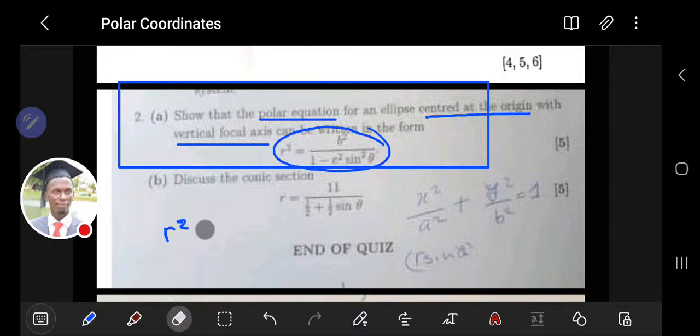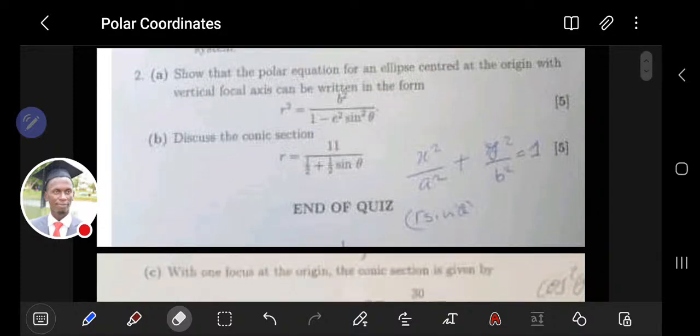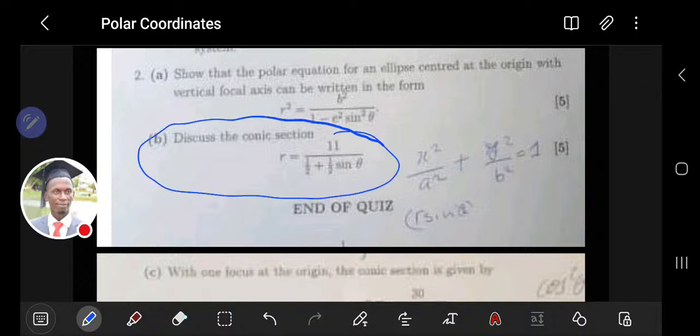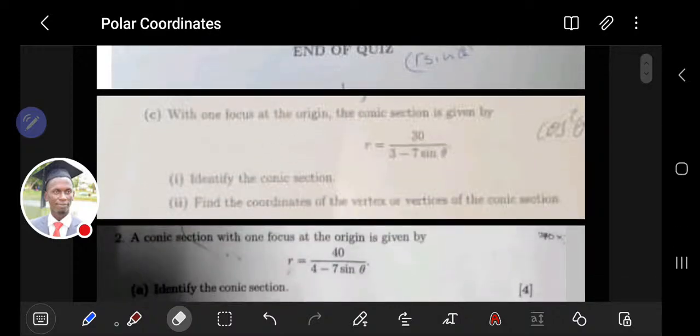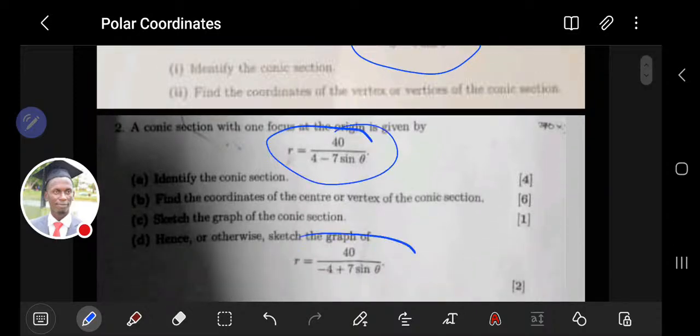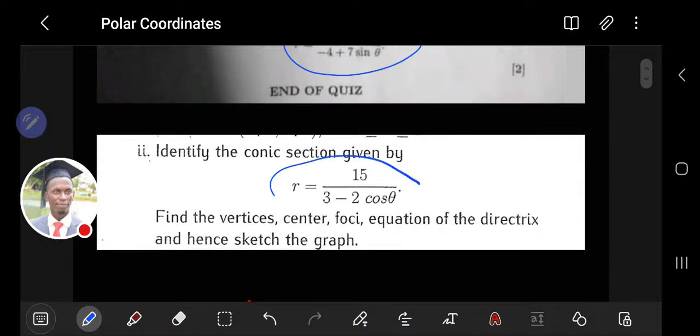So in tonight's video, what we want to look at are equations of conic sections. We're going to see how you answer questions like this one here, which carries 5 marks, and something like this again. That's another question that we're going to describe. I'm also going to look at this and this, and this one.